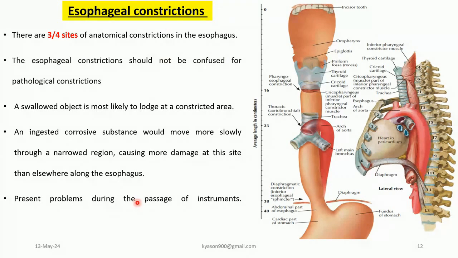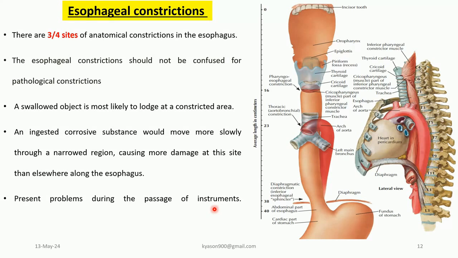Okay, then those constrictions also have to be kept in mind whenever there is need to pass an instrument into the esophagus. Instruments that can be passed into the esophagus include the nasogastric tube, the orogastric tube, and the endoscope.